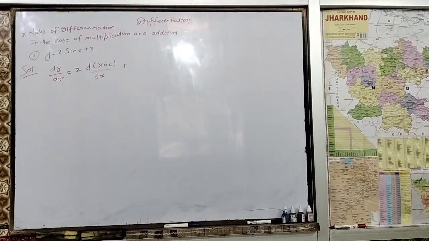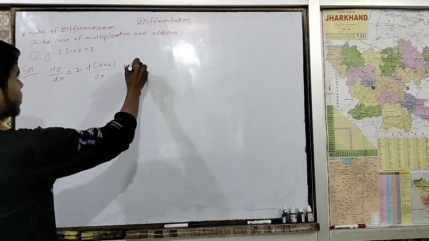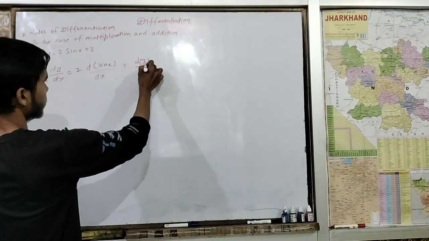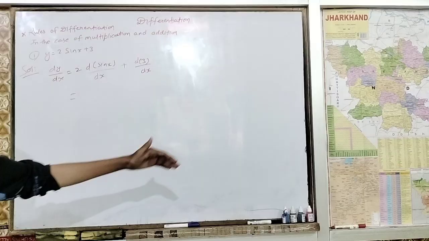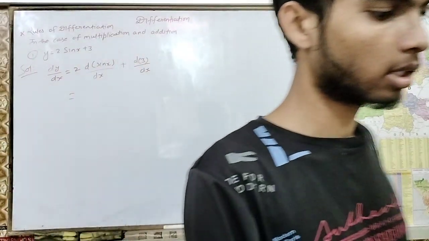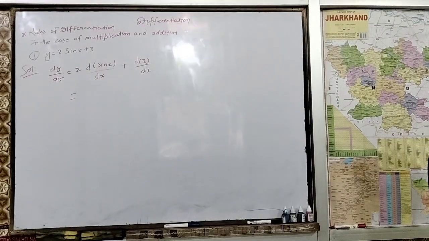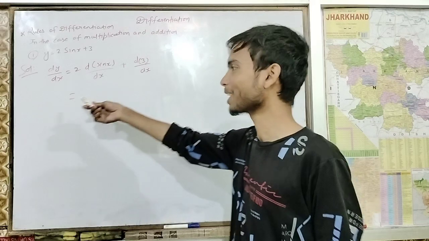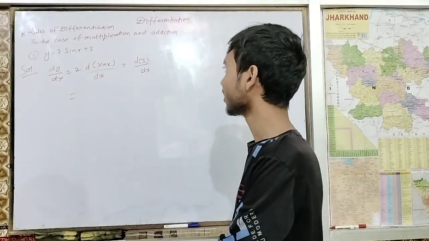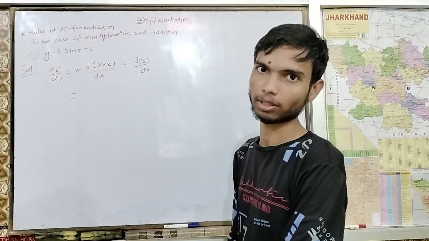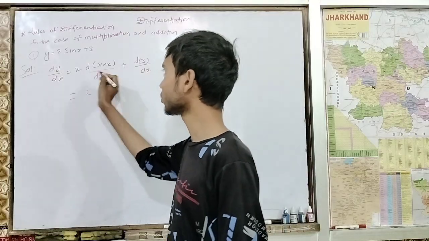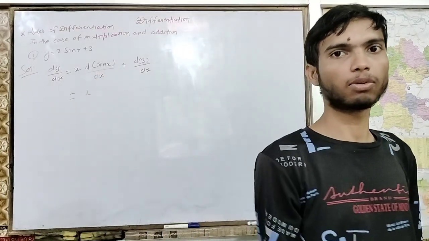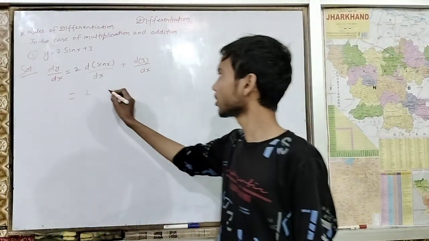And you know that this is a constant. Here we just apply dy upon dx. Now we are going to apply the formula of differentiation. 2 will stay as it is, and the differentiation of sin x would be cos x.